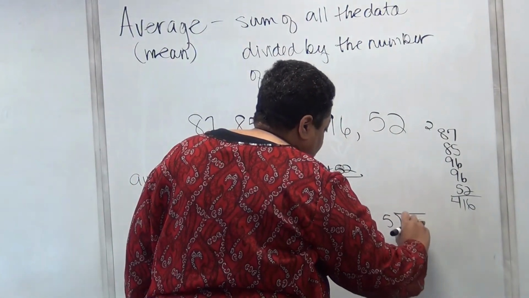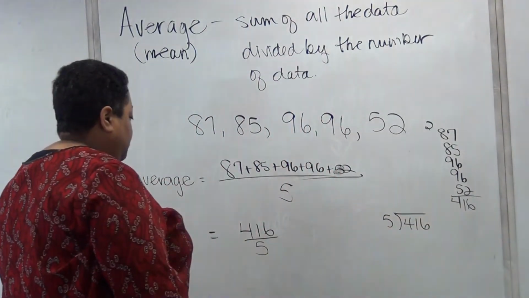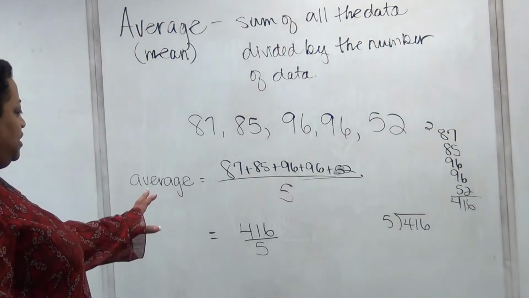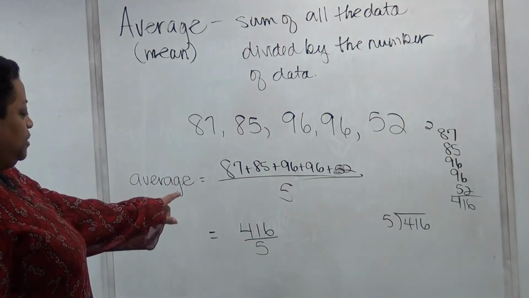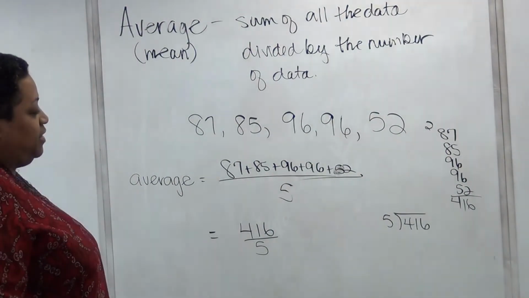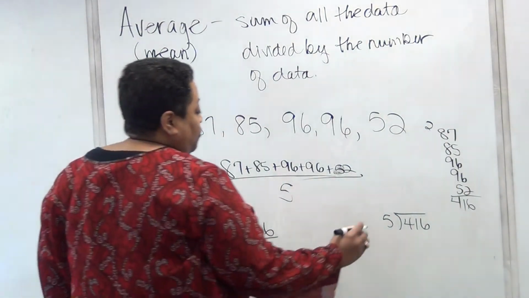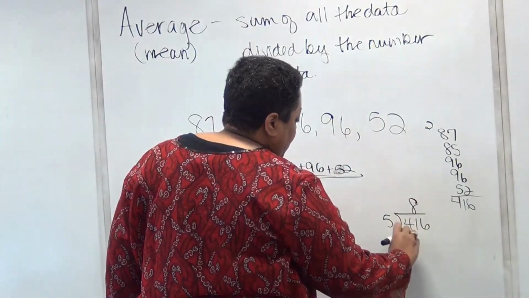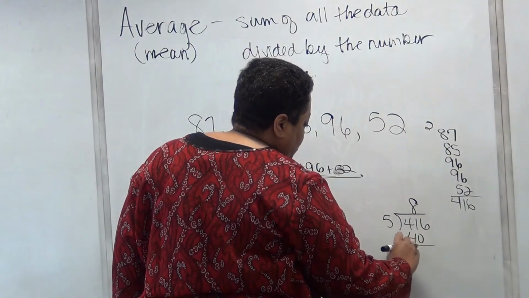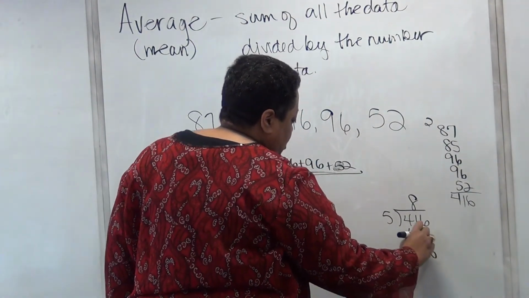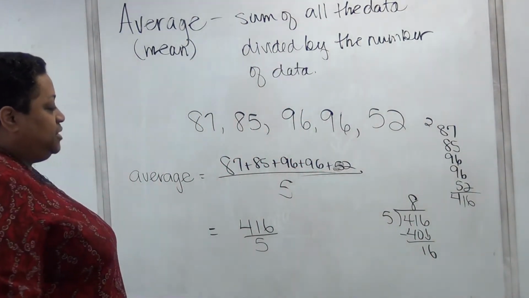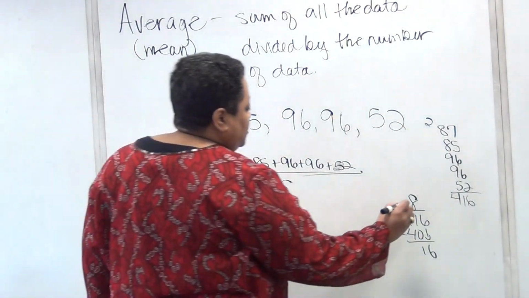Excuse me, I think I said 41 divided by 5, but it should be 416 divided by 5. So 5 goes into 41, yes, 8 times. Very good. Then we subtract, bring down the 6. 5 goes into 16. Yes, 3 times.